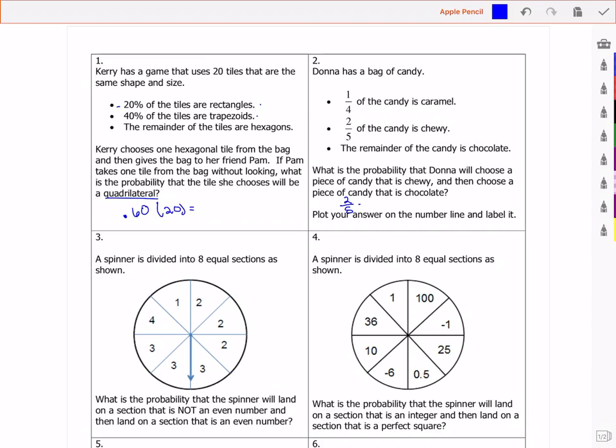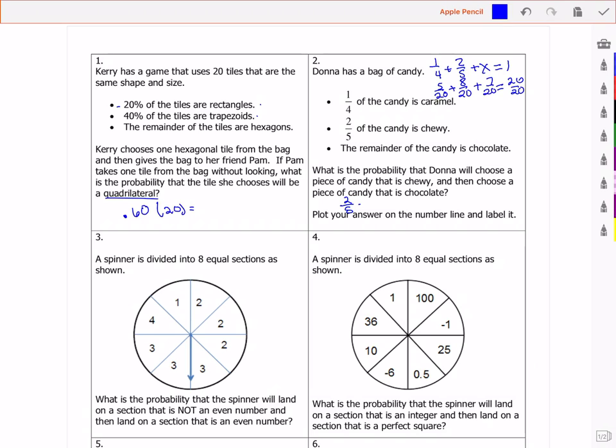Probably what I would do is translate this into numbers somehow, because we know that all the probabilities have to add up to 1. So 1/4 plus 2/5 plus x has to equal 1. So I'm going to need a common denominator of 20. So 5, 8, and 7 out of 20.